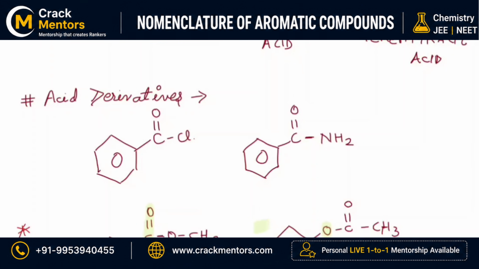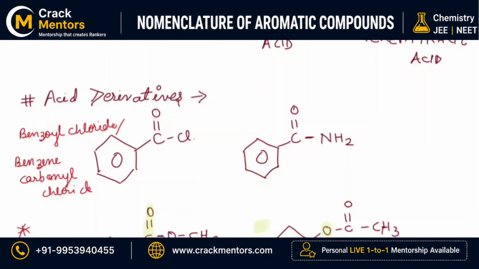Right? So discussing the very first, it will be either benzoyl chloride, or it will be benzene carbonyl chloride. Discussing the second, that is C double bond O NH2, that is amide.